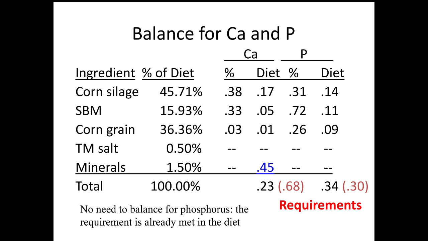But if we look at the calcium, the requirement is 0.68, and we only have 0.23. So if we take the requirement and subtract what we already have in the diet, 0.68 minus 0.23, that's 0.45% calcium that we need to balance into the diet, or we need to include in the diet.